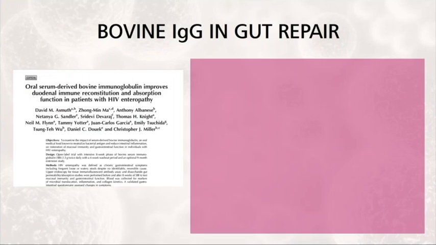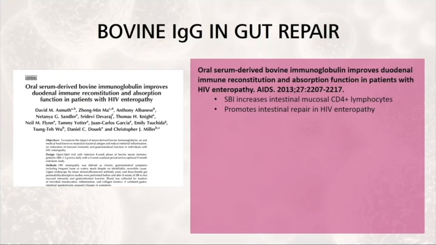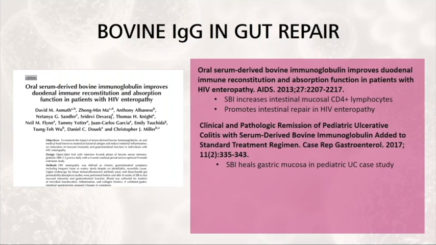Bovine immune globulin is actually one of my favorite components of a gut healing protocol, and there is a quite substantial amount of literature published about how helpful this can be. So we're referring to serum-derived bovine immune globulin, and there is one study here showing how this product can increase intestinal mucosal CD4 lymphocytes and promote intestinal repair in the setting of HIV enteropathy, so it could be quite helpful.